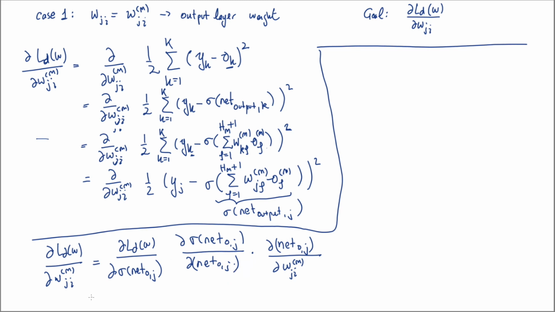what is the first guy, okay, the derivative of the loss with respect to sigma net output j, well, that's like taking, so I'll just do it here to make it clear, dL dW over d sigma net oj. Well, this is like the derivative of the function half yj minus sigma net oj squared, right?